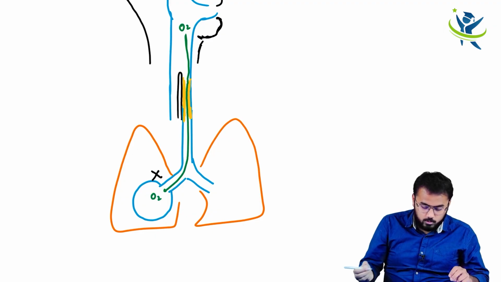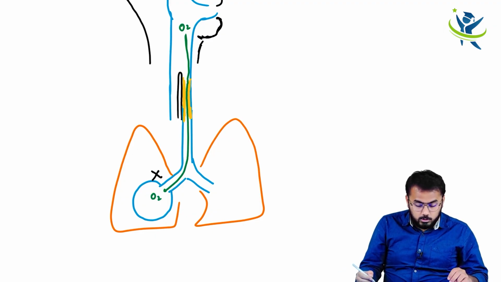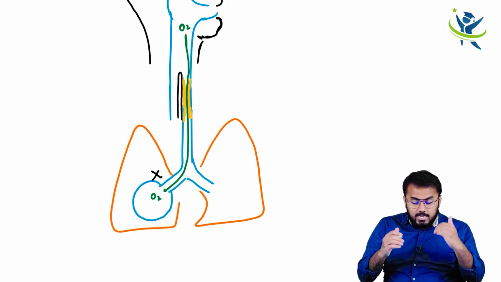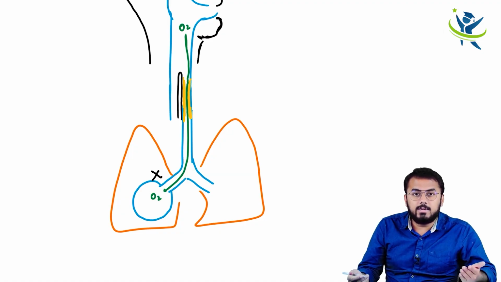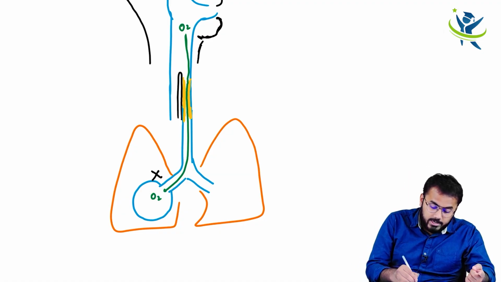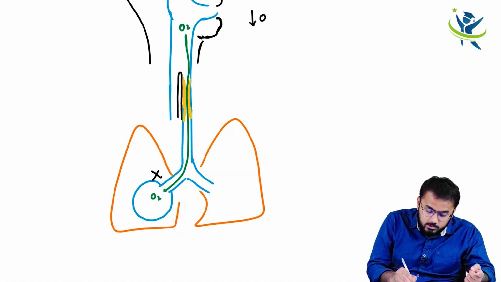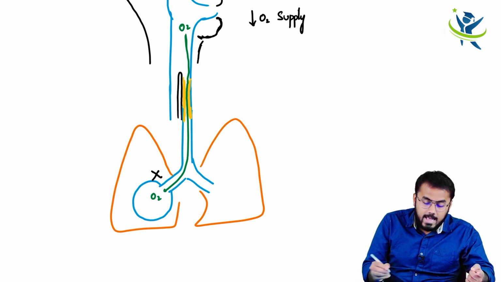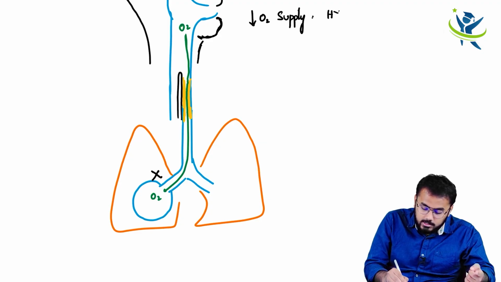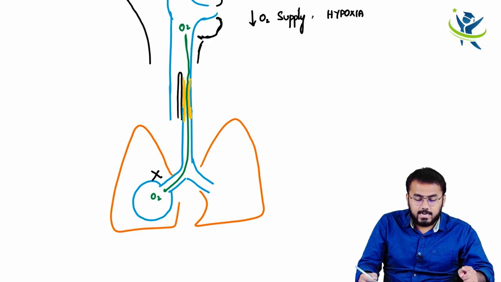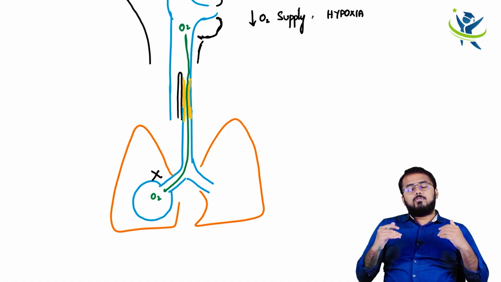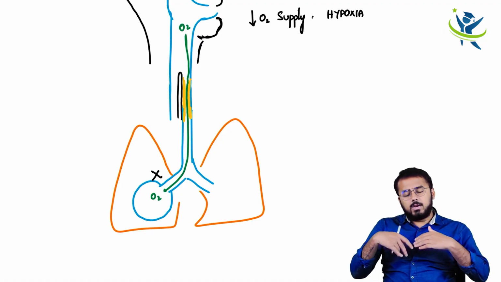Absolutely not. So the amount of oxygen reaching the lungs is low, and reaching your blood is low. So the patient is going to have decreased oxygen supply, and that is what is called hypoxia.